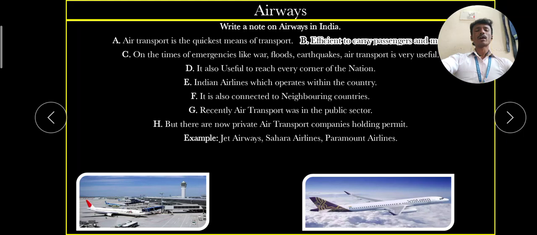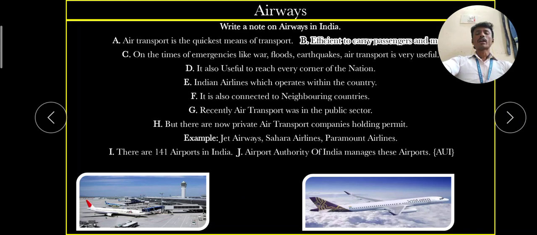That is why the government is allowing permission to construct air stations with the responsibility taken by the private sector. Important private sector airlines are Jet Airways, Sahara Airlines and Paramount Airlines. Public sector means Indian Airlines.